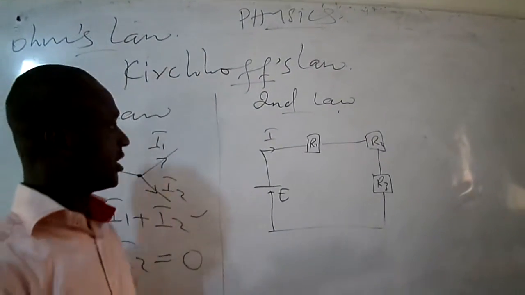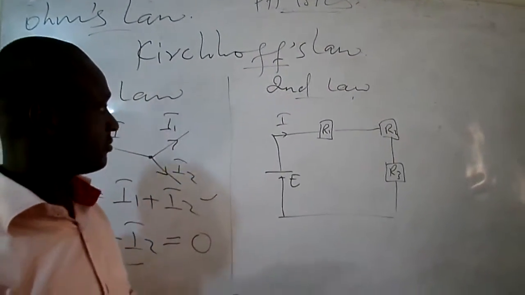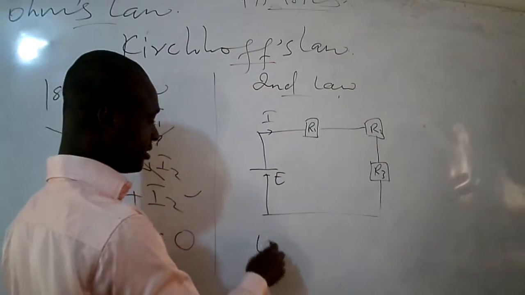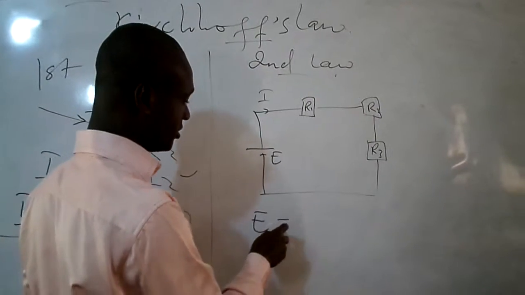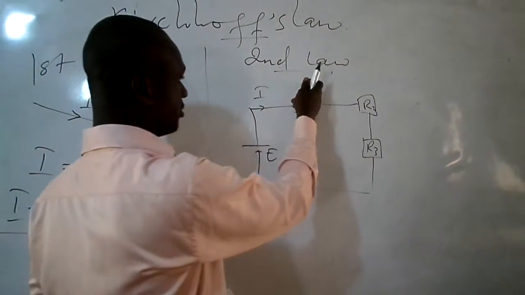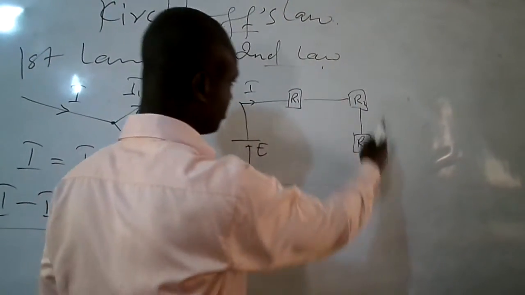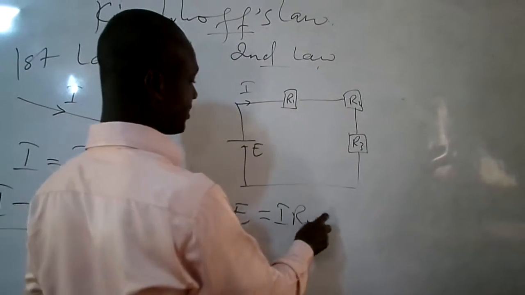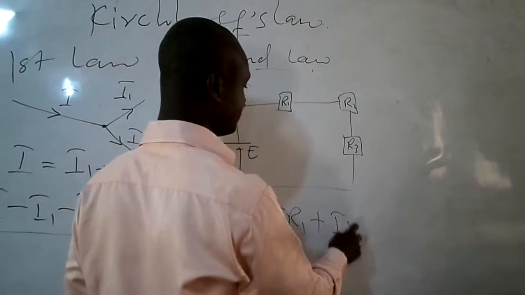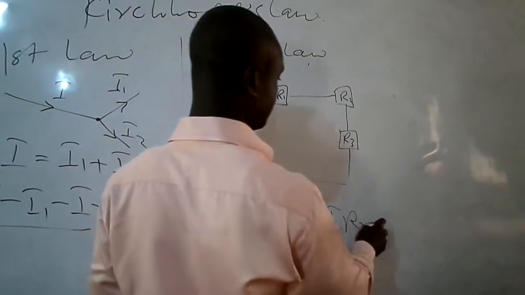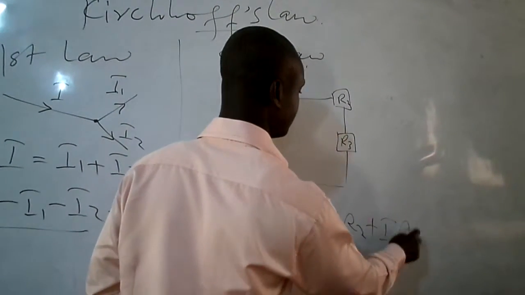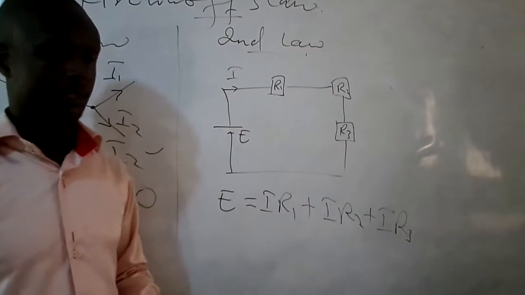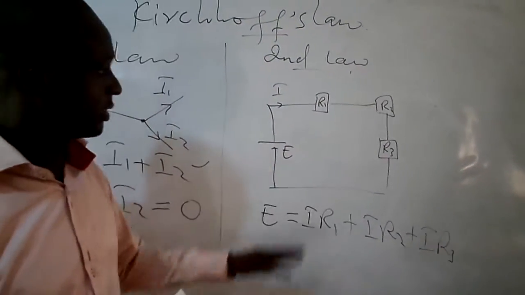If we check the circuit I have drawn on the board, the EMF the cell is producing, E, is equal to the potential difference across the circuit, that will be I R1 plus I R2 plus I R3. That is Kirchhoff's second law.